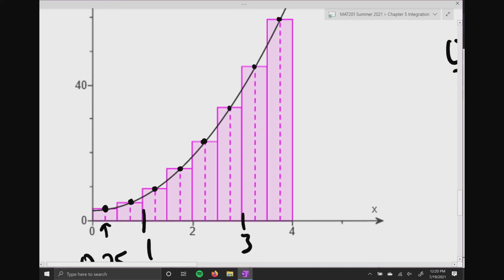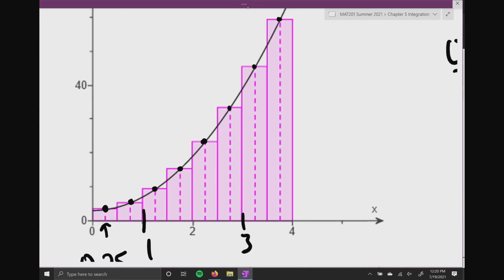So for the first rectangle, the height is going to be v of 0.25. Now let me zoom out here a little bit. I'll just use a smaller pen.